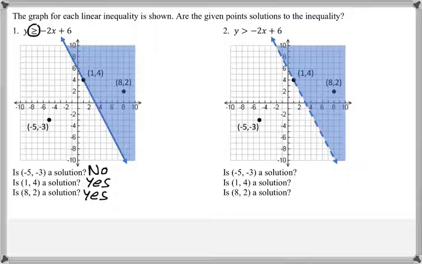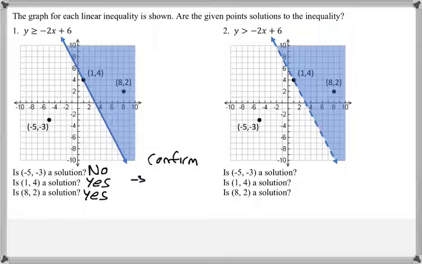We can confirm this algebraically if we plug it back into the original inequality. It should be consistent with the original inequality. And you don't have to do this, but it's kind of nice to see. So let's plug in the first point, negative 5, negative 3. So x is negative 5, y is negative 3.